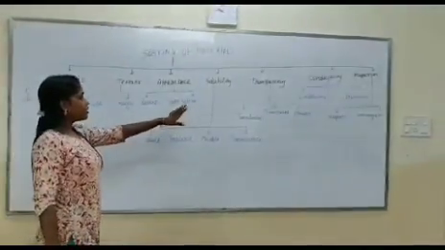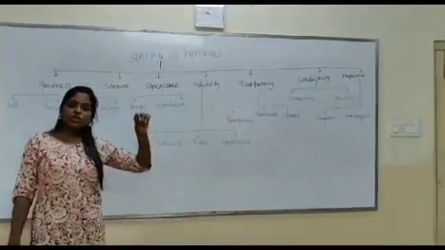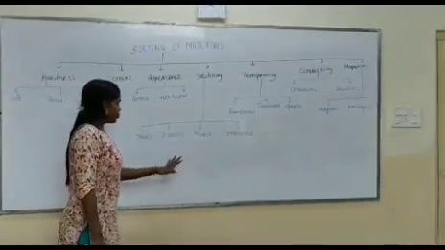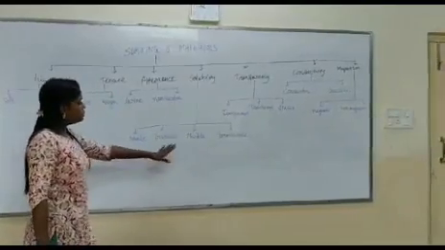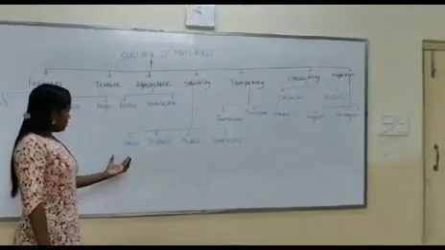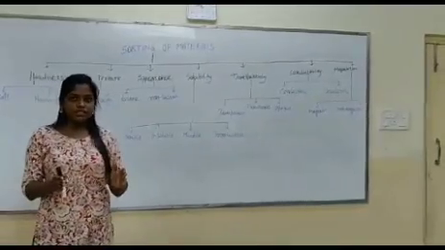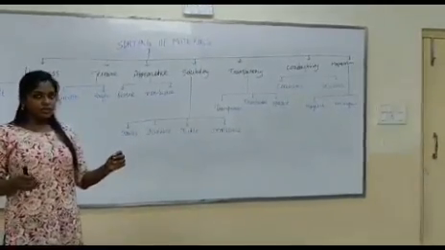Next category is solubility, meaning whether it is soluble in a solvent or not. This is divided into four parts: soluble, insoluble, miscible, and immiscible. Soluble or insoluble is based on the solute being a solid and the solvent a liquid.